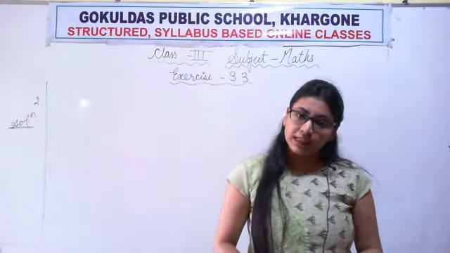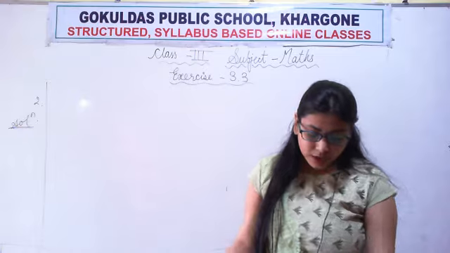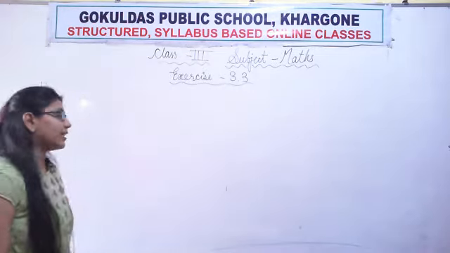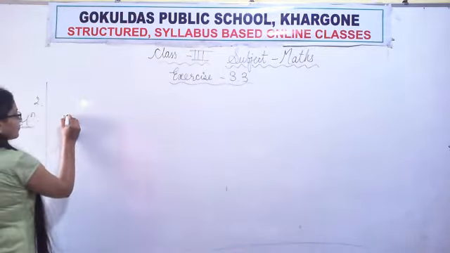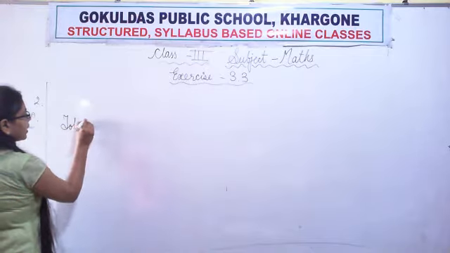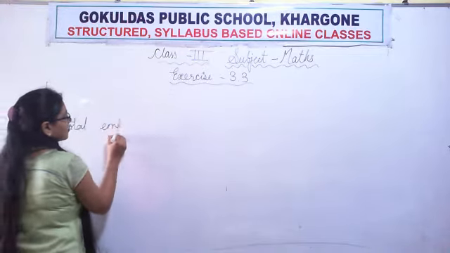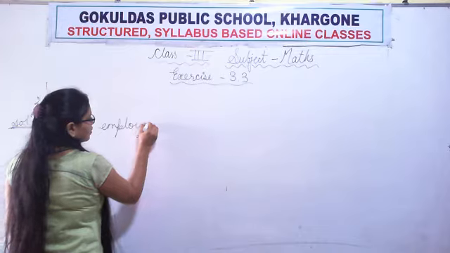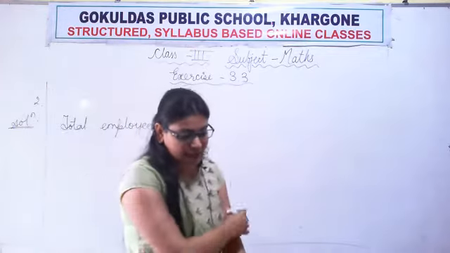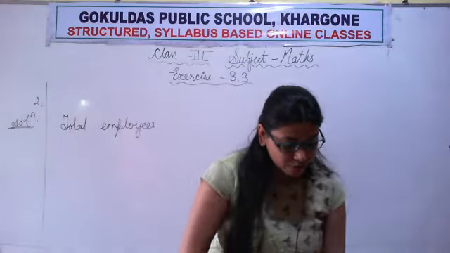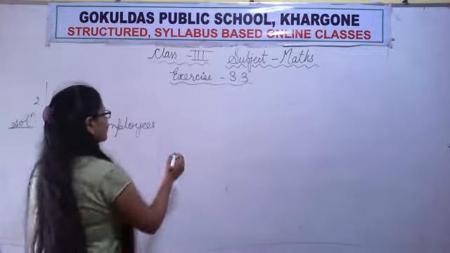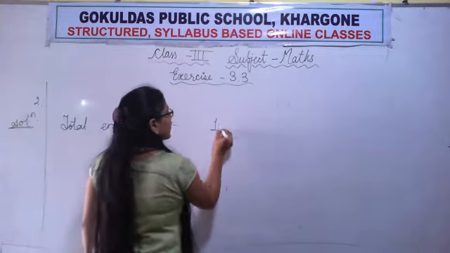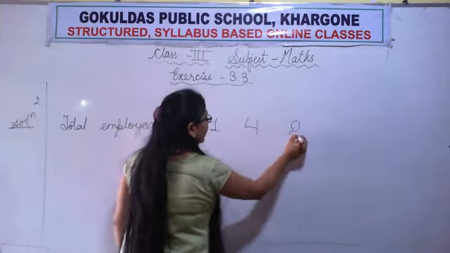So what is the information given? They had given us the total number of employees. So let us write that one first. Total employees. How many employees are there in total? 148.